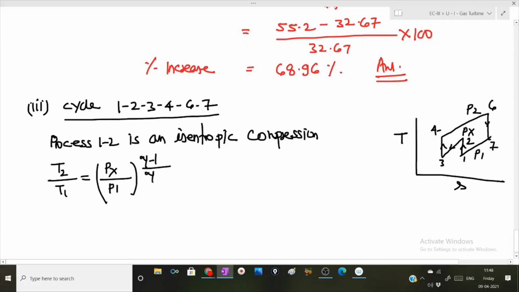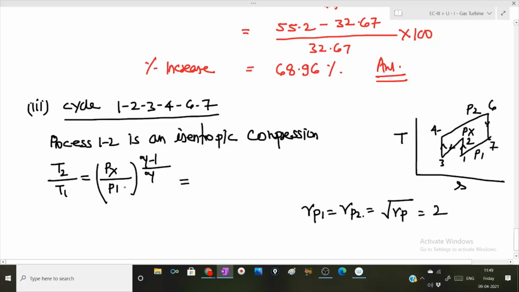Initially we have considered optimum stage pressure, that means Rp1 is equal to Rp2 is equal to Rp, that is 2.